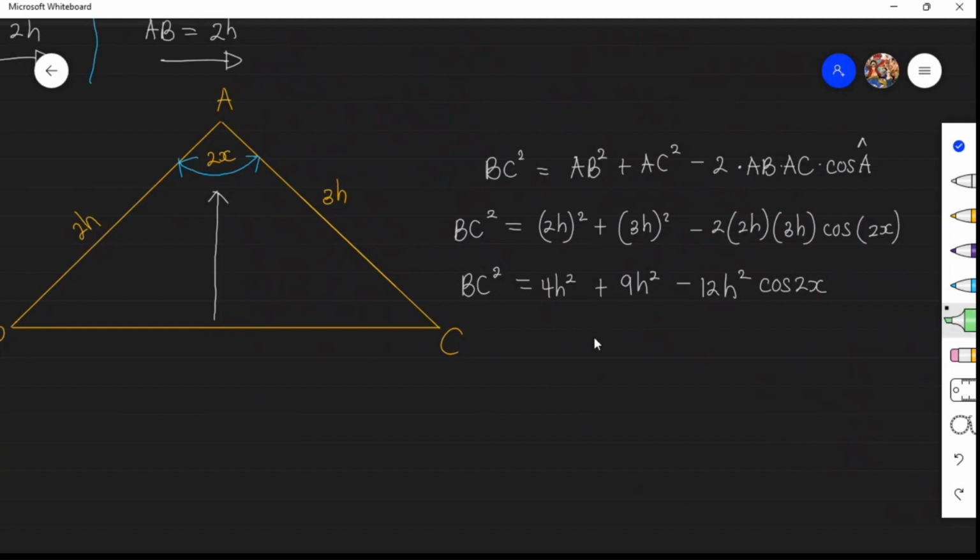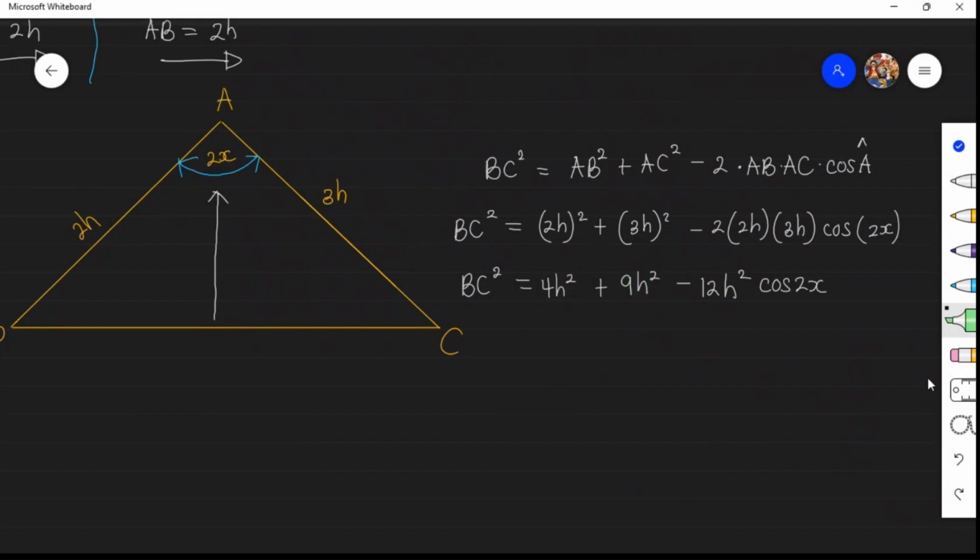From here, you can see that you have like terms, which are 4h squared and 9h squared. Keep in mind that negative 12h squared cos 2x is not a like term to 4h squared and 9h squared. Even though all three of them have h squared, the negative 12 doesn't only have h squared. It also has cos of 2x attached to it. So it is not a like term to the highlighted terms.